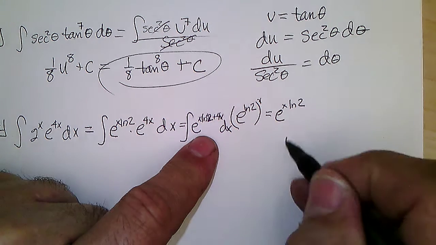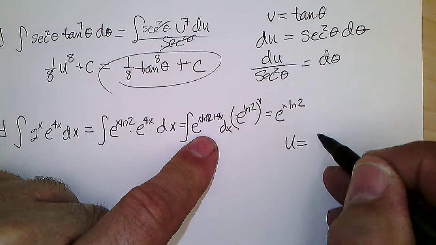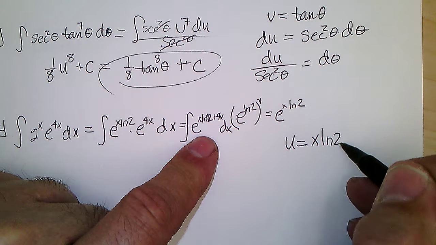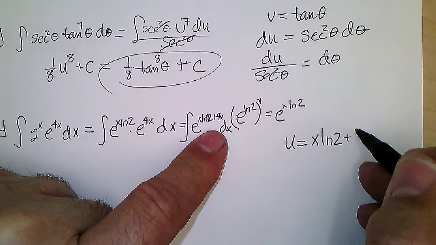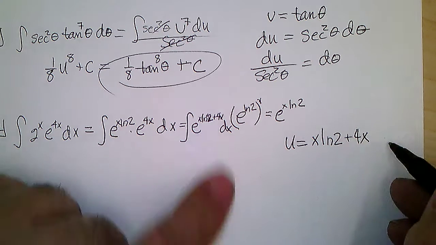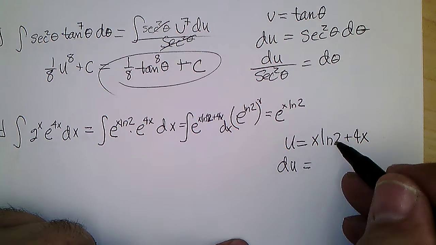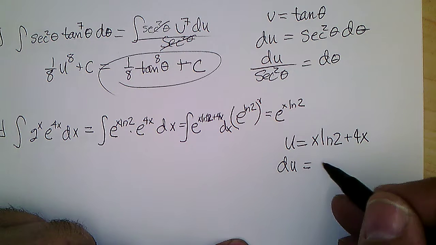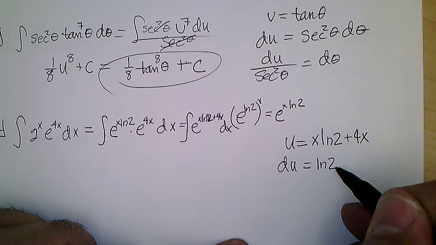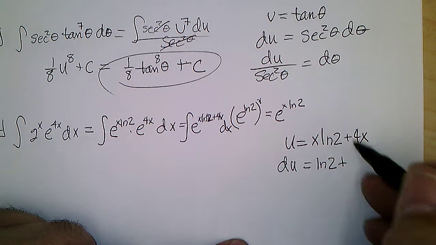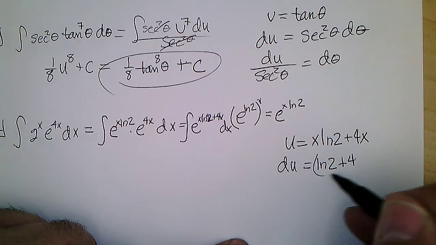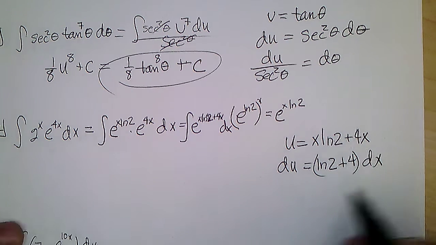So if I let u equal x ln 2 plus 4x, then du would be, if x is times something, the derivative is just ln 2, and the derivative of this is just a 4 dx.